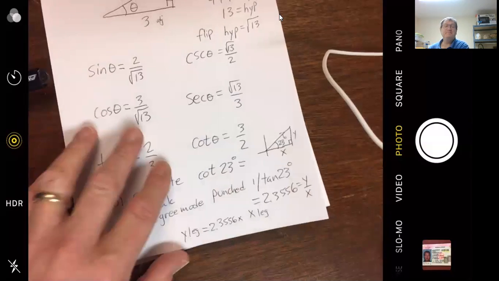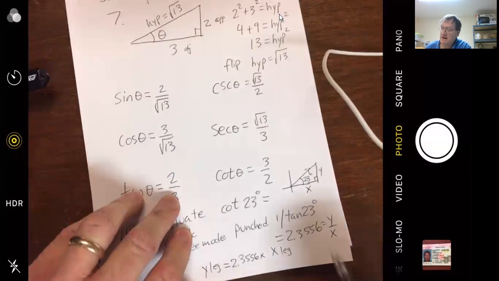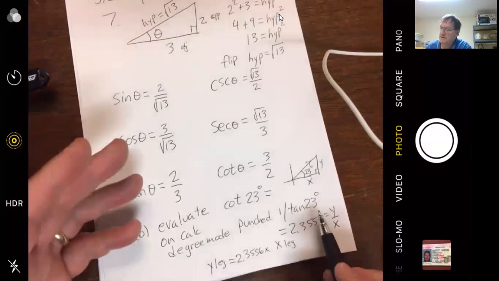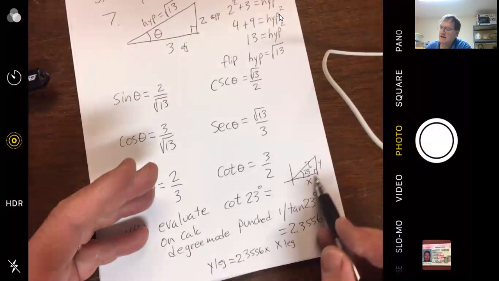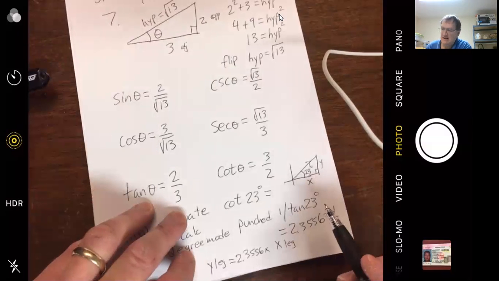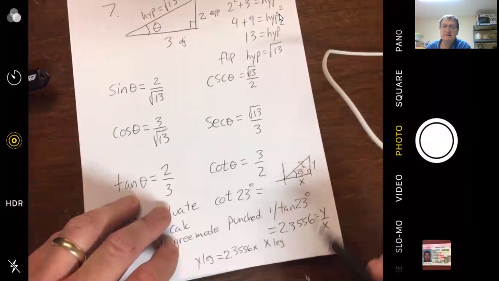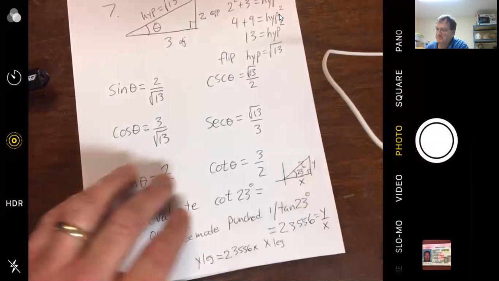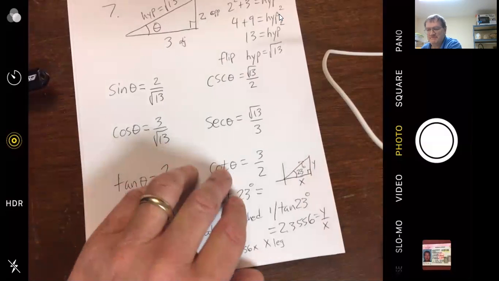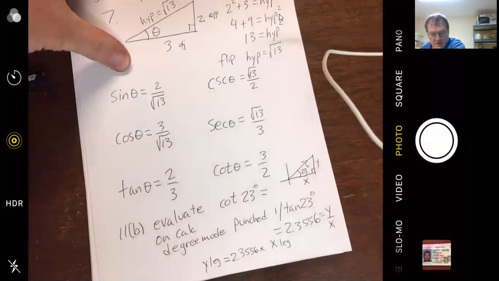That's all it means. The cosine of 23 degrees would be the direct length of the x leg. The sine of 23 degrees would give you the direct length of the y leg, etc. All right.